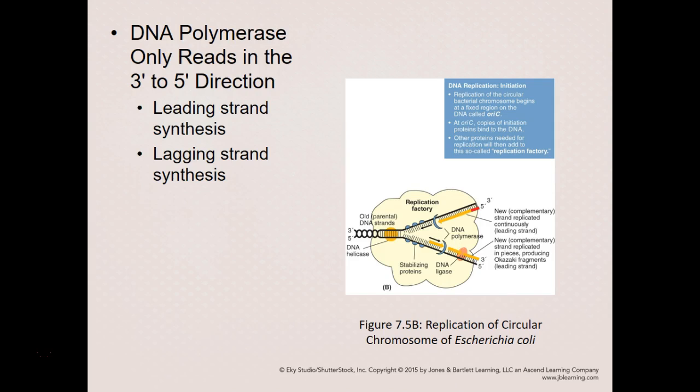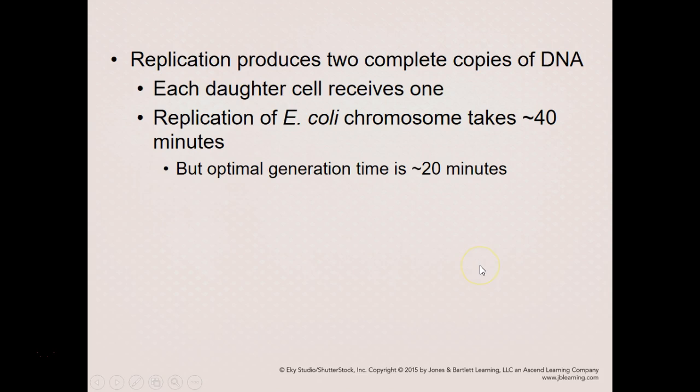And so here you can see it again, the leading strand and the lagging strand. The leading strand is continuously synthesized, whereas the lagging strand is synthesized discontinuously or in small sections. And then DNA ligase comes along and seals all the breaks.